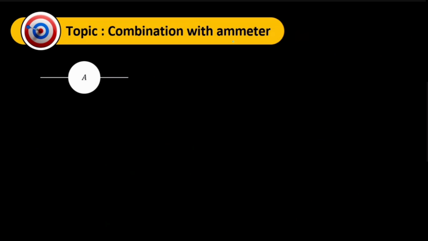Next thing we have is ammeter. So ammeter is basically a device which measures the current passing through the given wire.